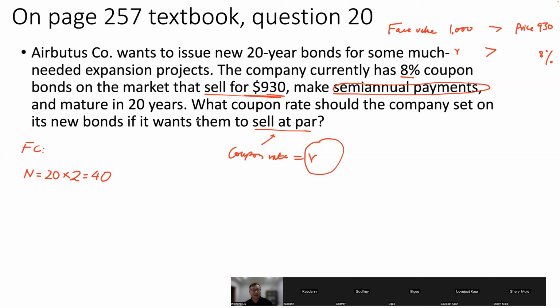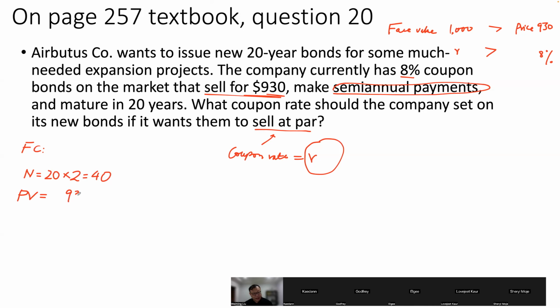So 40, very good. Now, what is my present value? What is the present value of the bond? Okay, 930, very good.